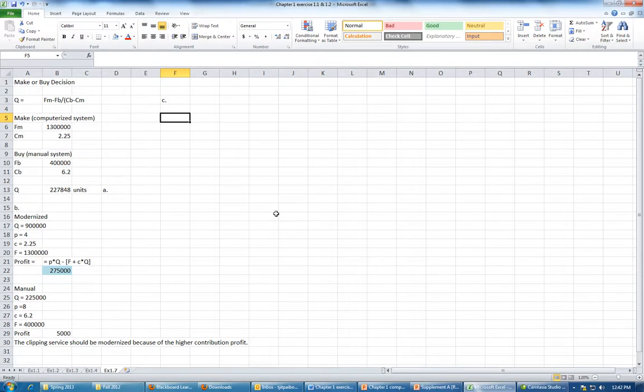So break-even point equals F divided by P minus C. So the fixed cost is 1.3 million divided by $4 minus 2.5.